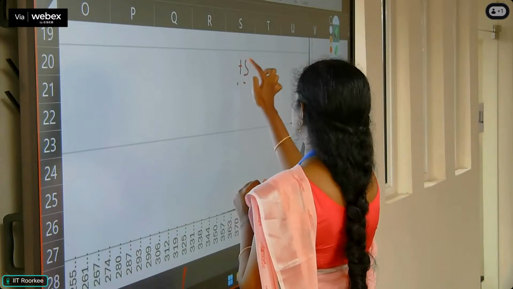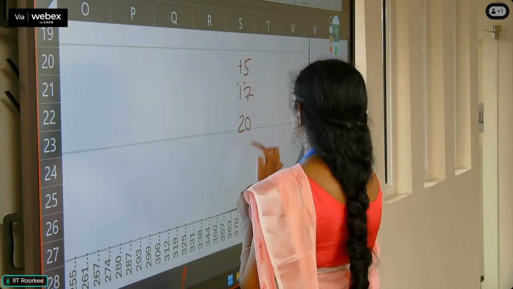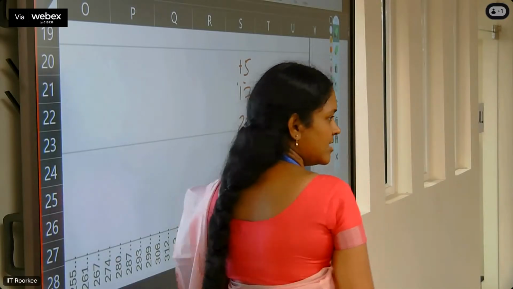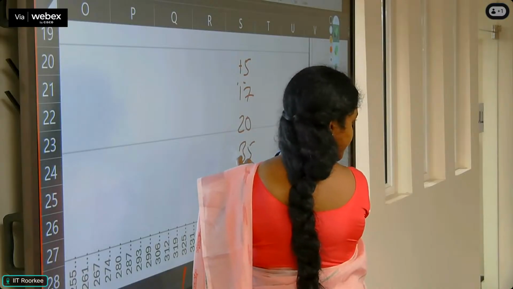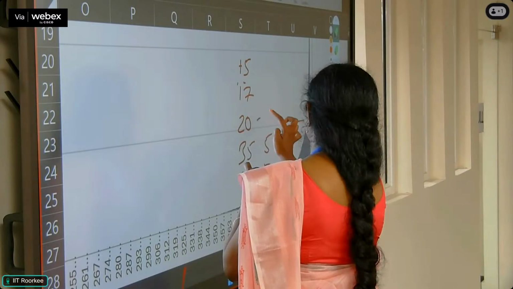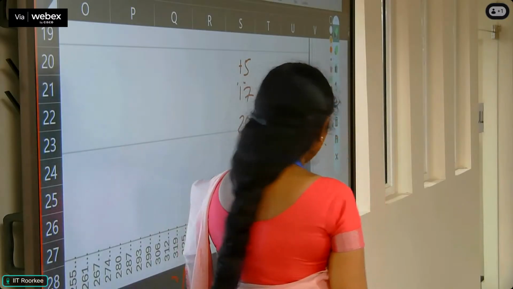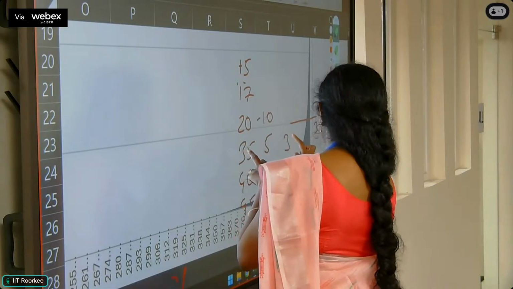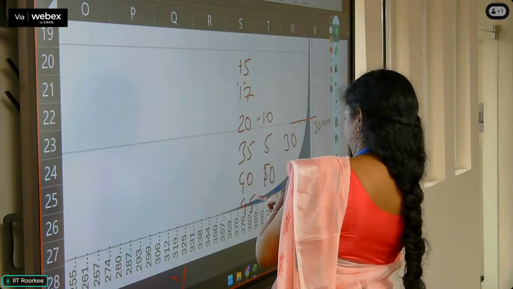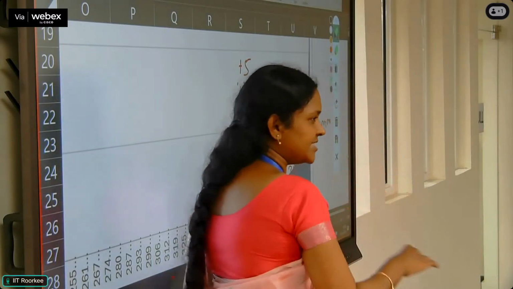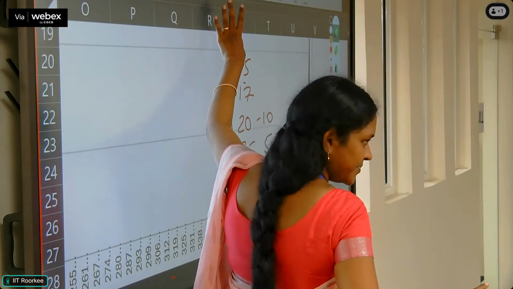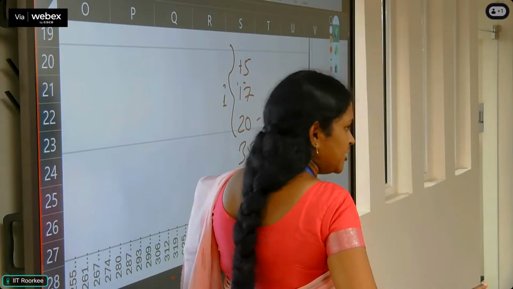For example, suppose 50, 17, this is your actual rainfall. So here onwards you will get a positive, here it will be 10 mm, 5 mm, here it will be negative 10. So now here the remaining is 30. Here also 30 minus 30 only. So you add this total, and then 30 into the number of points.